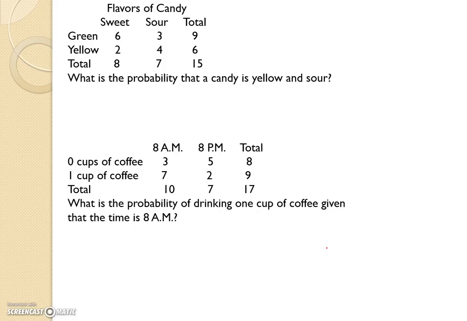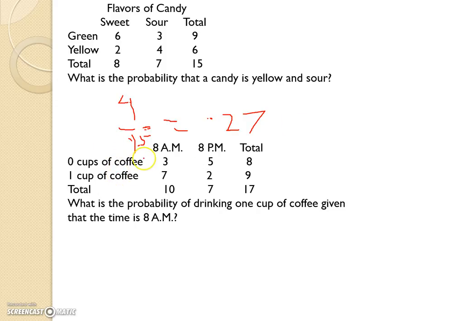So there are four yellow sours, and there are 15 total candies. This equals 0.27, and that is the probability that a candy is yellow and sour.